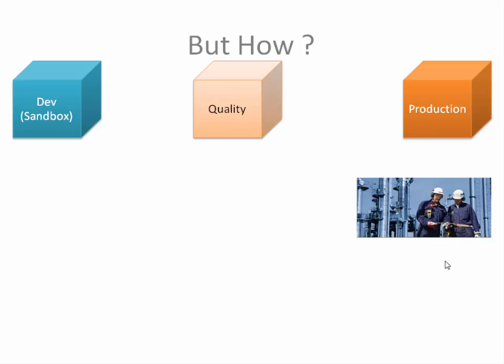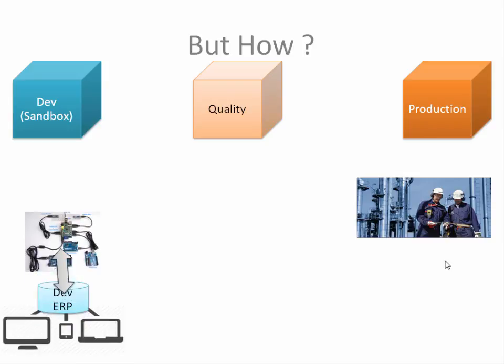Production is where your customer's business runs. The question is, when you are developing your application in your development system, your sandbox, or you are testing it in the quality system, how would things be different?